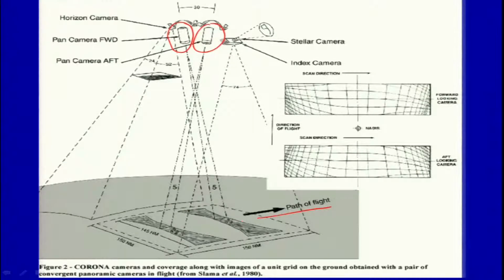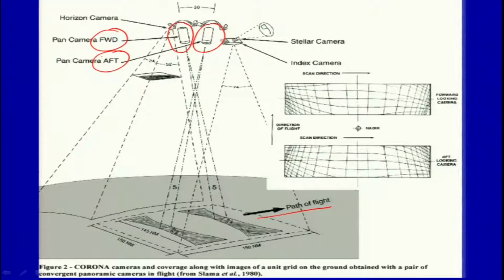So, mostly in aerial photographs, there is a series of forward and after photographs taken by the forward camera and the after camera. Okay. So, the same terrain is photographed by two different cameras mounted on the same aircraft from different angles.